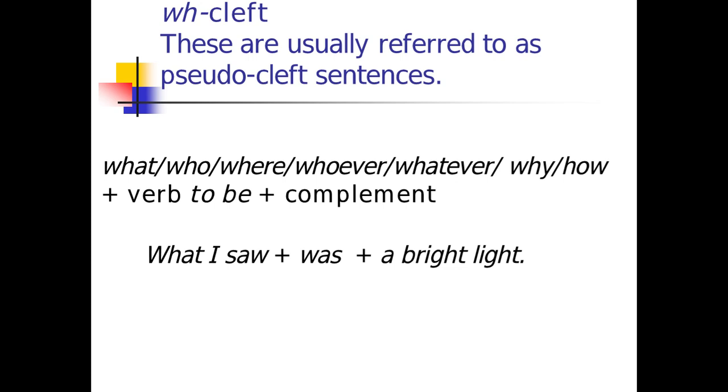But these are called pseudo cleft sentences because in the original one we use it, and in this case we won't use it. We're going to use a question word to write our sentence, but the structure is very similar. Okay, you use the question word, the verb to be, and the complement of our sentence.